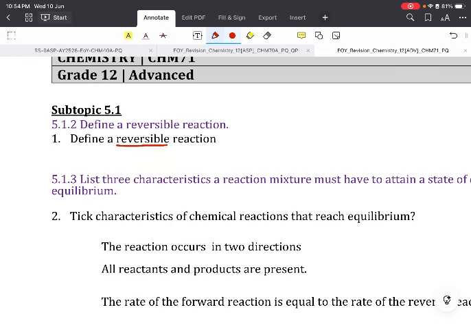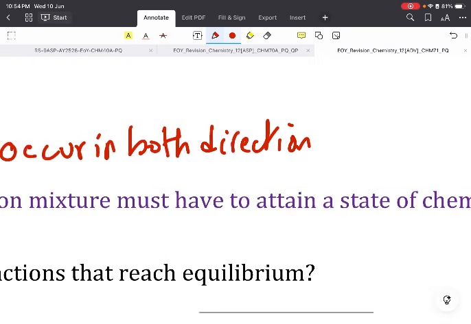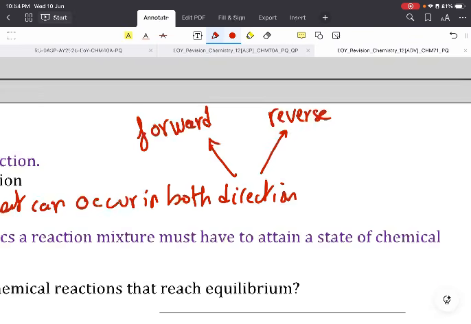Define a reversible reaction. A reversible reaction is a reaction that can occur in both directions. And I mean by both directions, the forward and the reverse directions.